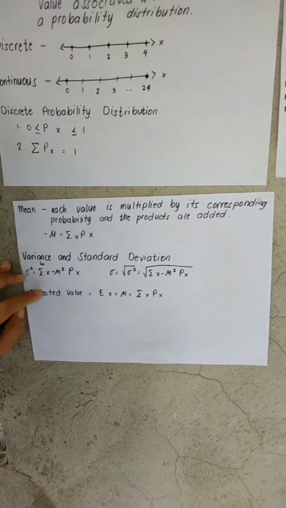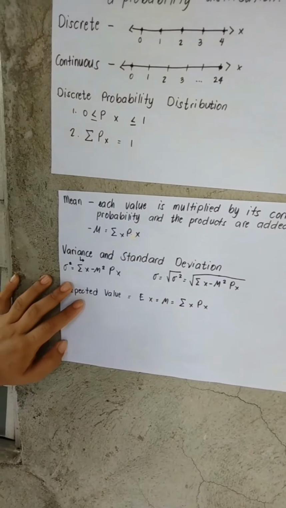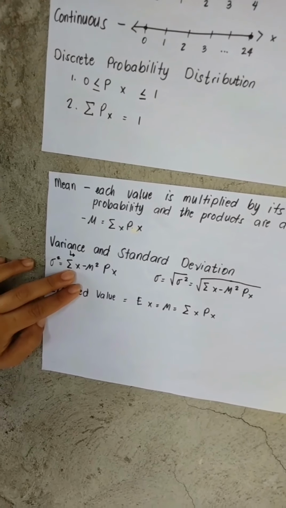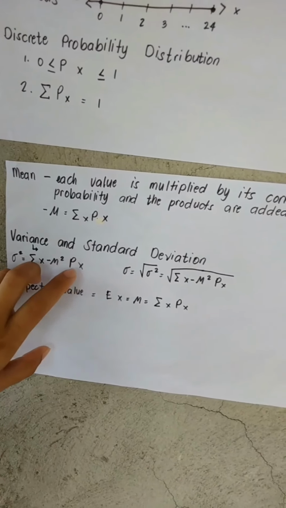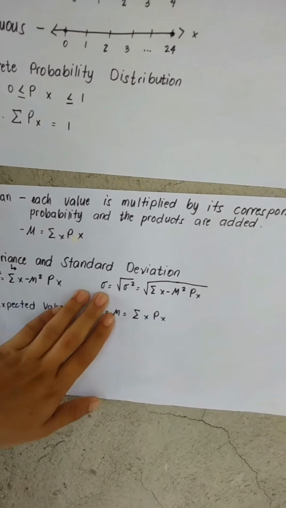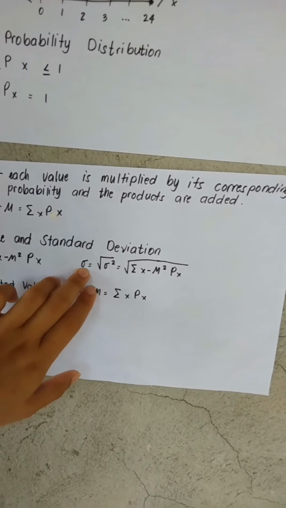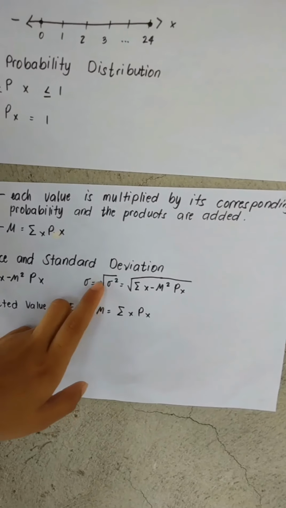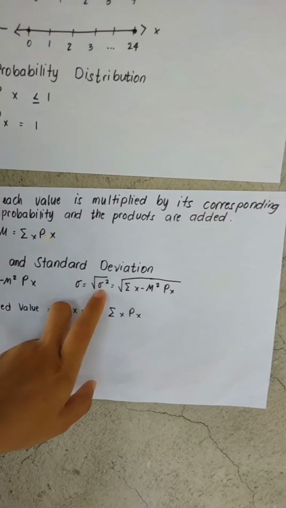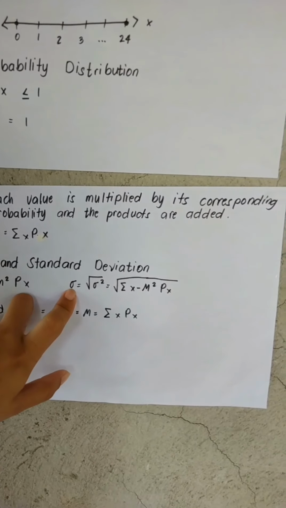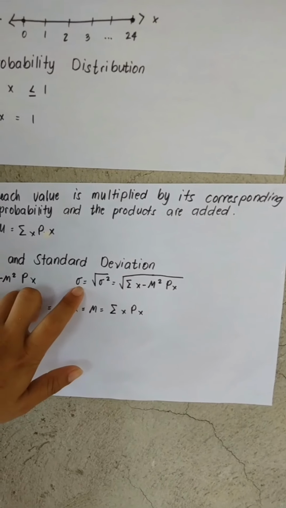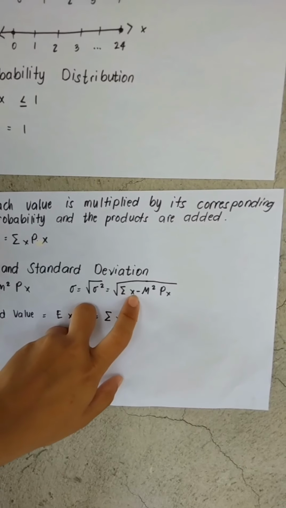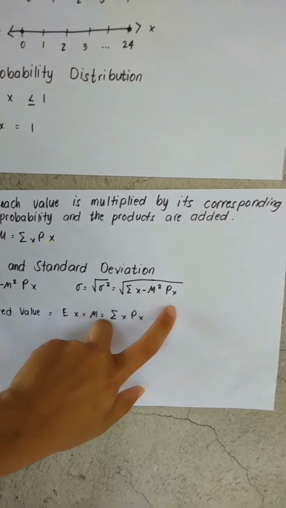So we'll move to variance and standard deviation. The variance, sigma squared, is equal to the summation of x minus the mean, squared, times p of x, while the standard deviation is equal to the square root of the variance. The square root and the square cancel, so the standard deviation is equal to the square root of the summation of x minus the mean, squared, times p of x.